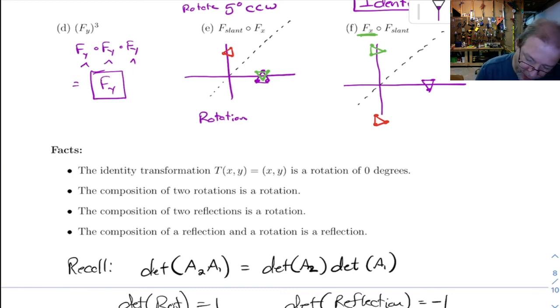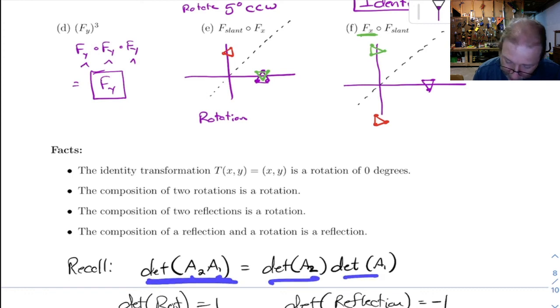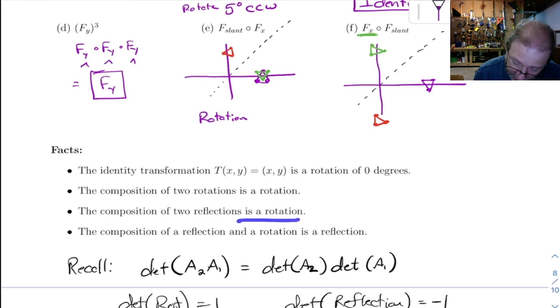And all this stuff up here kind of falls out from that. If you take two rotations and put them together, you'll have two matrices. Both of them will have a determinant of 1, and so the determinant of their product is going to be 1. With two reflections, each of those has a determinant of -1. So if you do both of them, you get a determinant of the composite matrix of +1.